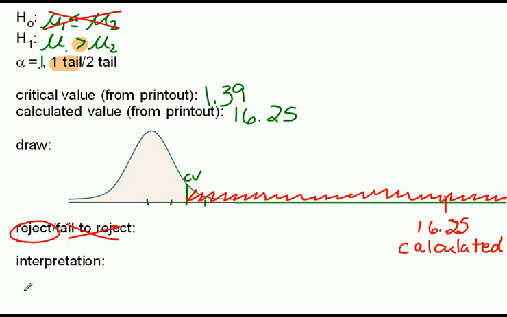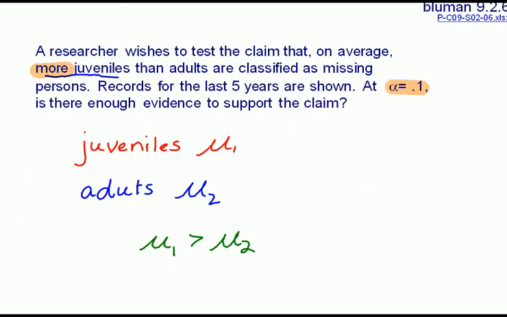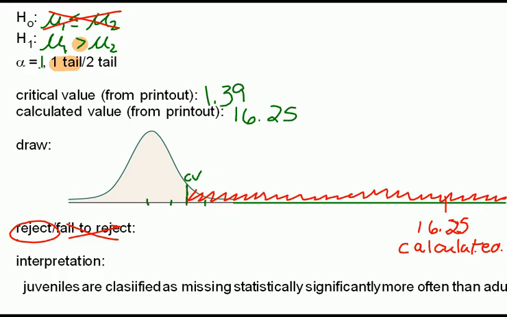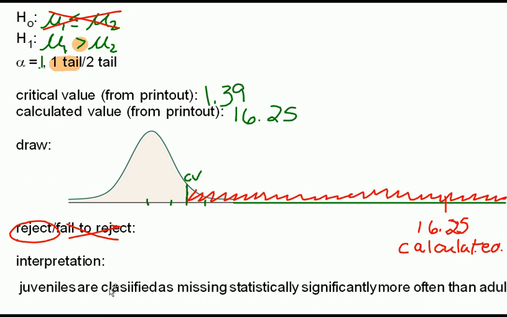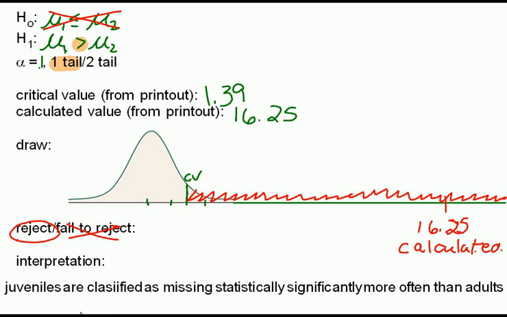So our interpretation goes back to the original problem, that juveniles are classified as missing more, greater than adults. Now we need to put it in words. Something like, juveniles are classified as missing statistically significantly more often than the adults. There is statistical evidence that shows you it's not just a fluke.